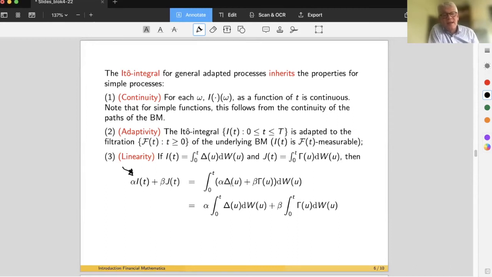In fact, the linearity property tells us that we can take the integral inside, and we can say this is equal to alpha times the integral from 0 to t Delta_u dW_u plus beta times the integral from 0 to t Gamma_u dW_u. So here is the linearity property.